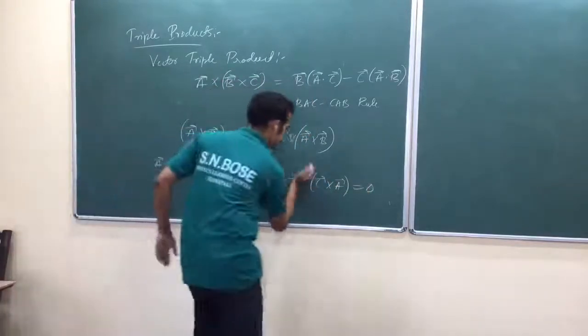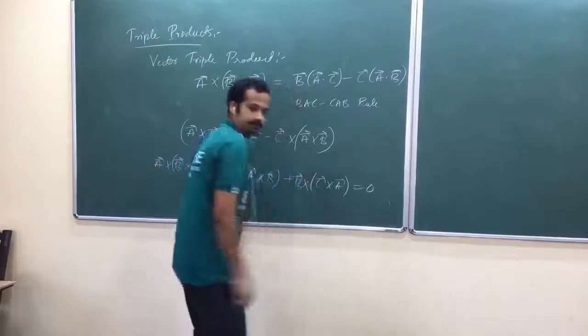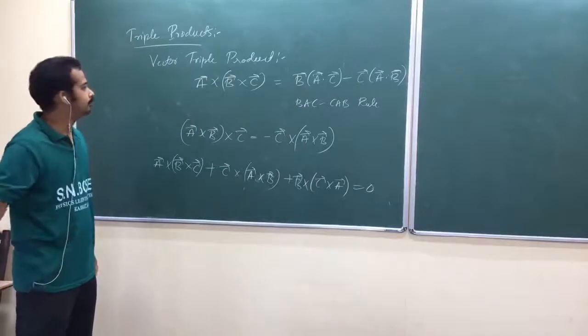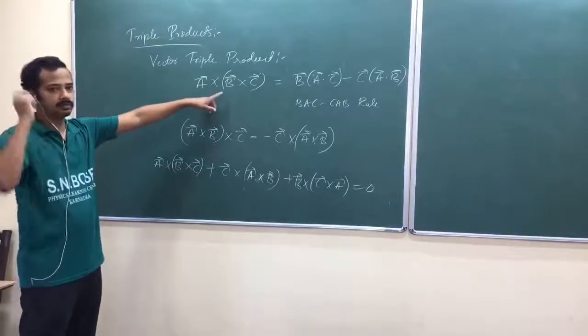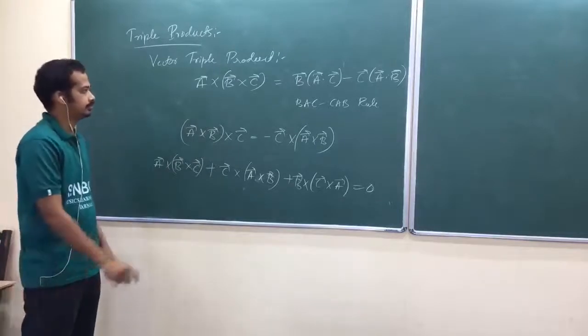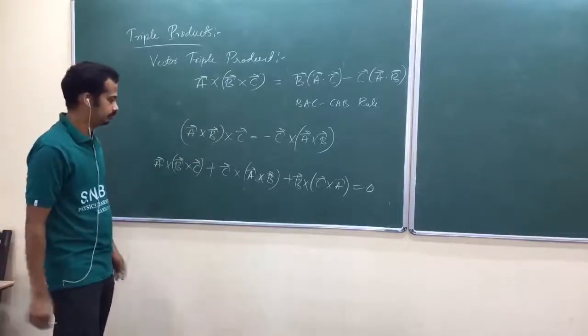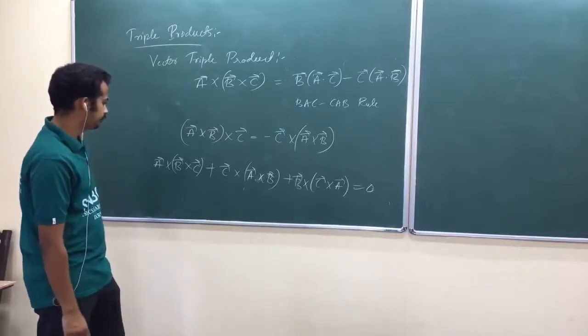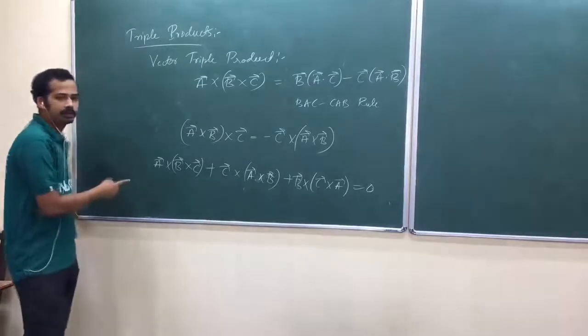B cross, determinant, am I right? Writing the determinant. Yeah, this is called the Jacobi identity.